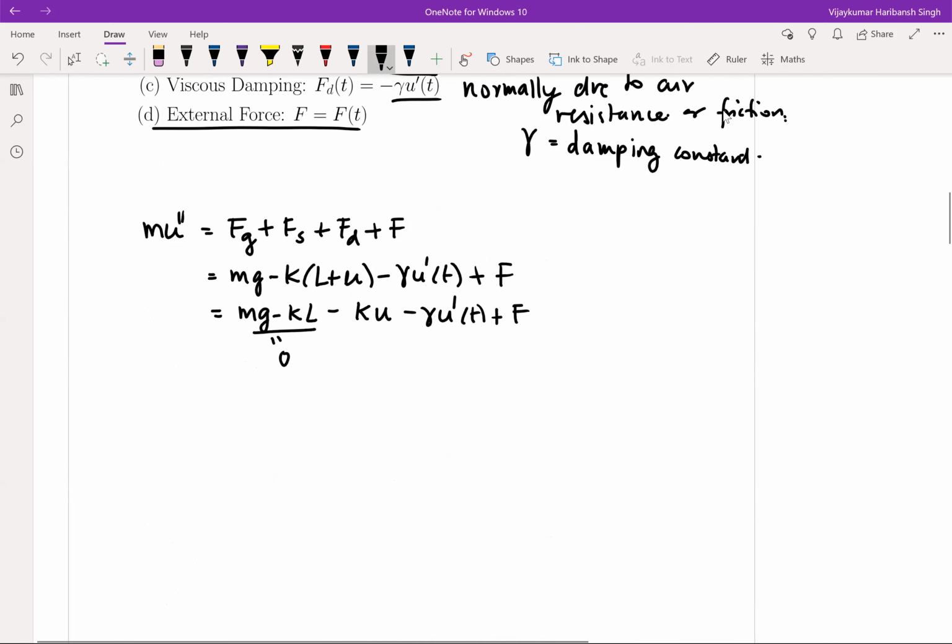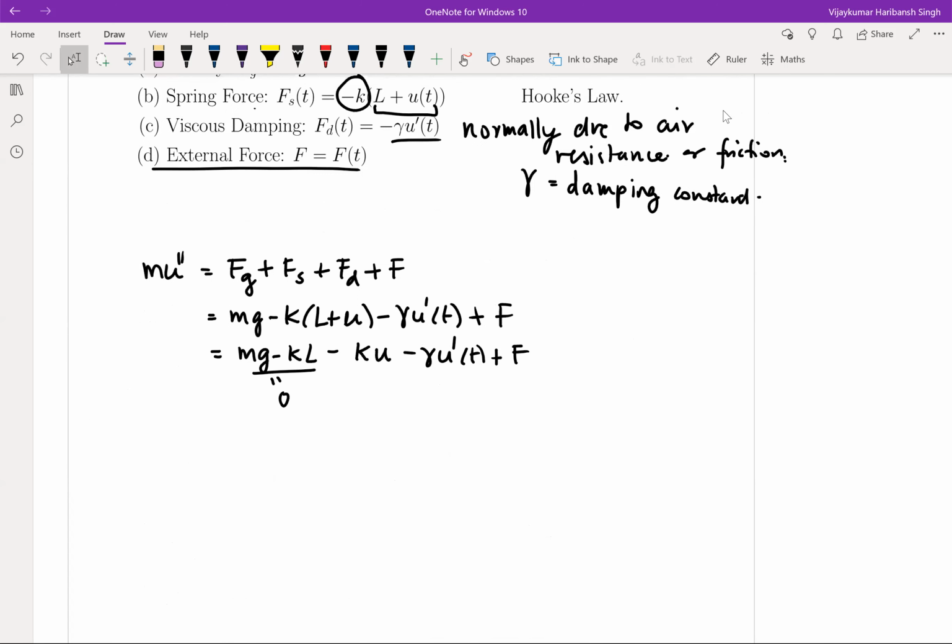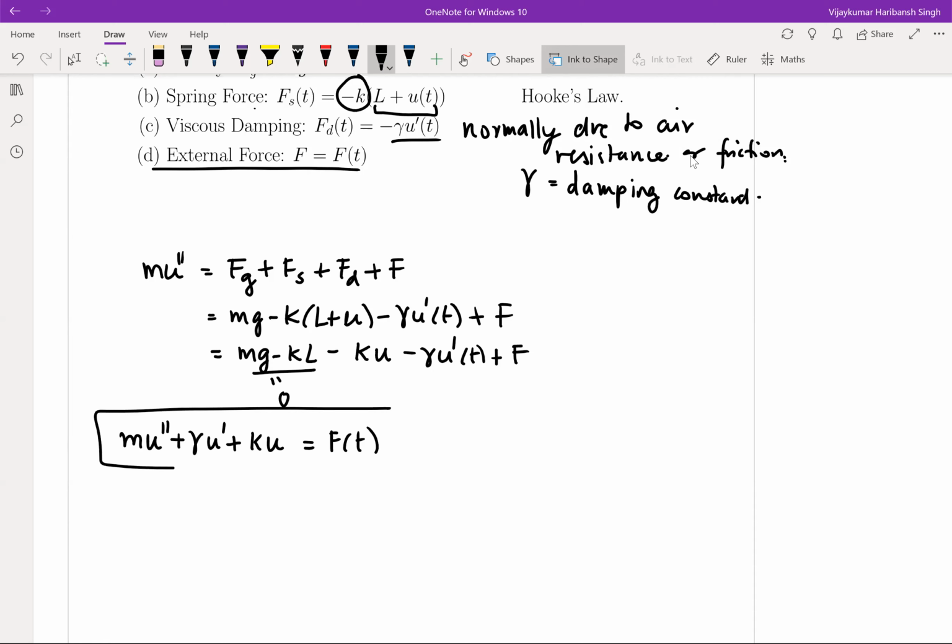So let's reorganize it a bit. What do we get? m u double prime plus gamma u prime plus k u equals f(t). Okay, so this is what we got.